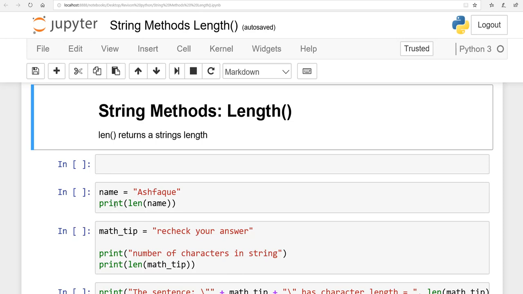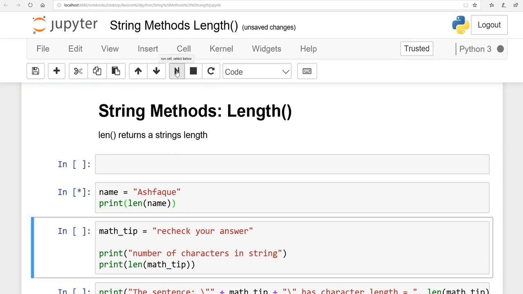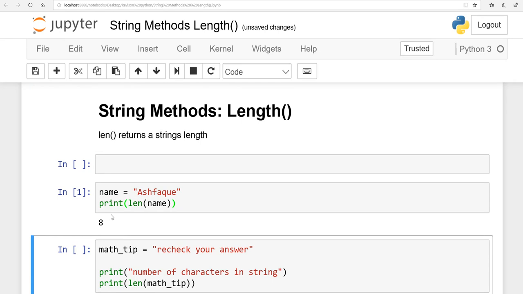Print is a function, that is why you have to use the parentheses. Length is also a function, that is why you have to use the second parentheses as well, and in the parentheses write just the variable name. When you run this, see, 8. So there are 8 characters in the string Ashfaq.